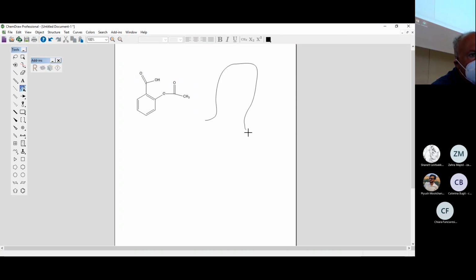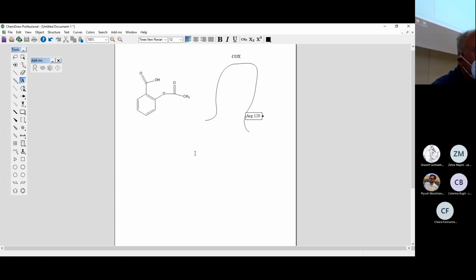This is the tunnel of a cyclooxygenase. If you remember here at the beginning, we have arginine 120.